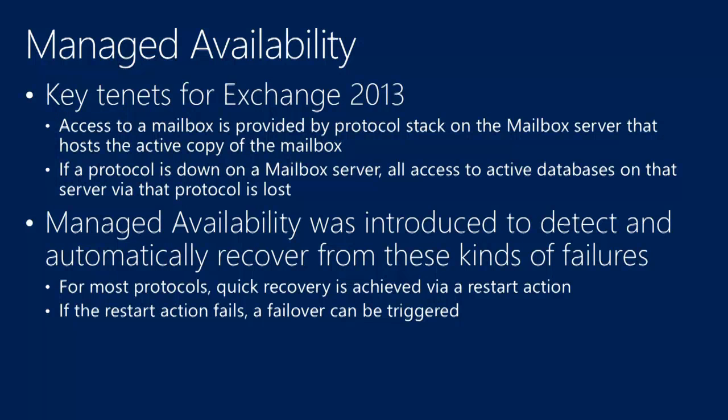It's in there because, remember, access to anybody's mailbox is always driven by everything that's going on in the mailbox server. Whatever mailbox server hosts the active copy of their database, that's where everything is happening. Sure, they go through CAS, but CAS is just a lightweight protocol proxy. It's just taking the transmission and forwarding it on to mailbox, and mailbox is doing all the work.